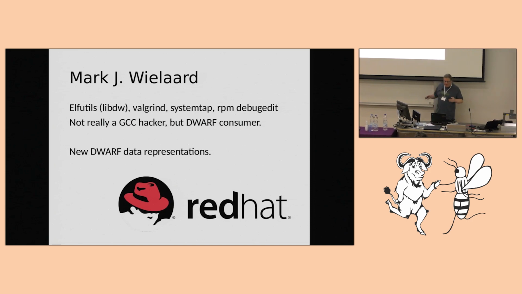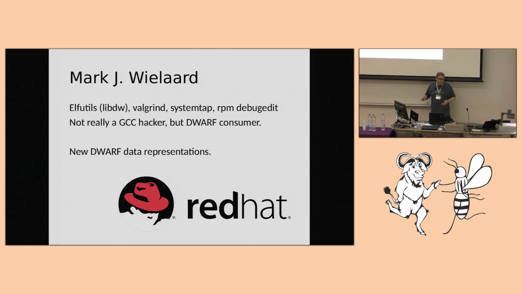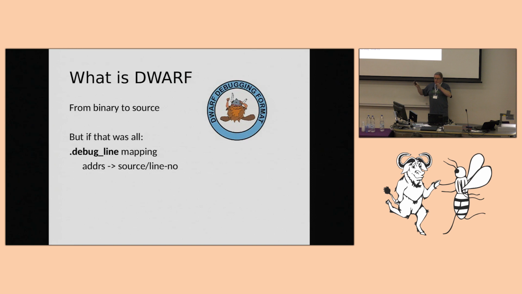You also want the types of things, the functions, what are the parameters, given variables, you want to know where in memory or in registers you can find the values, the location descriptors. You want to know the address ranges, what's covered by a lexical scope or by a function.